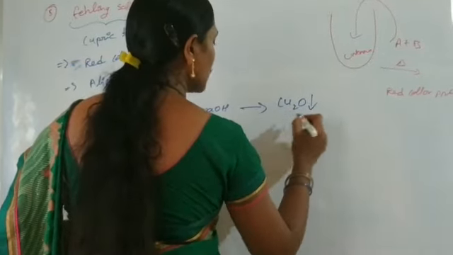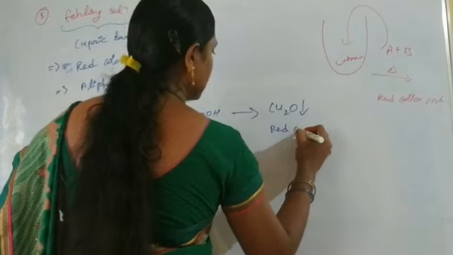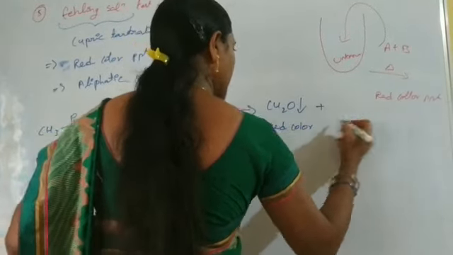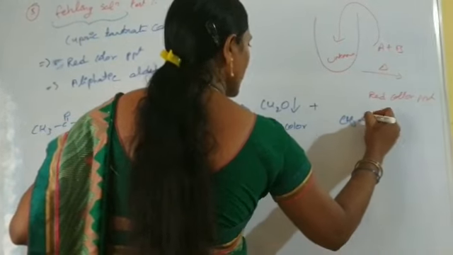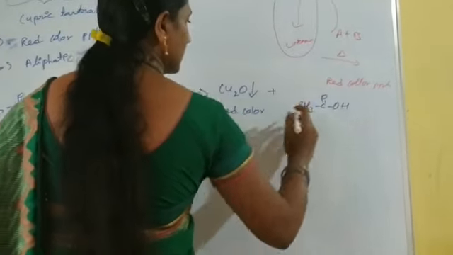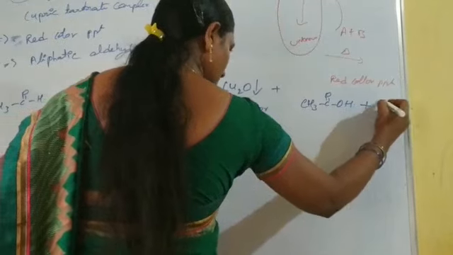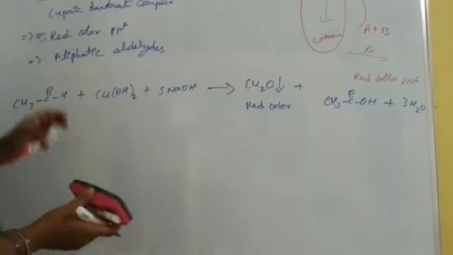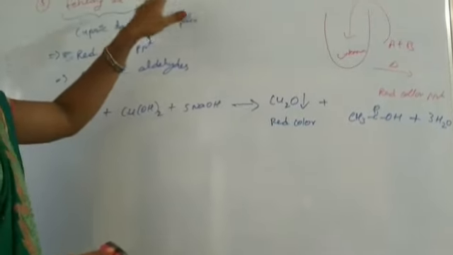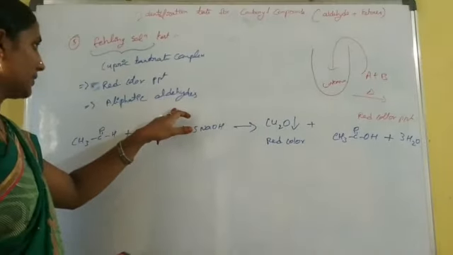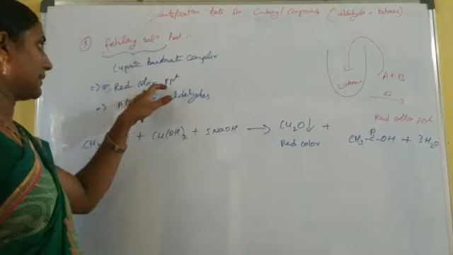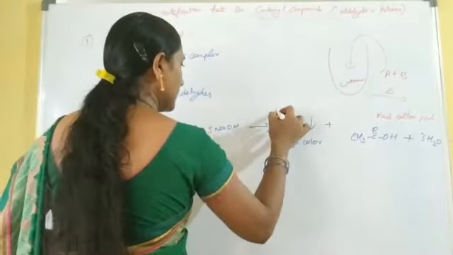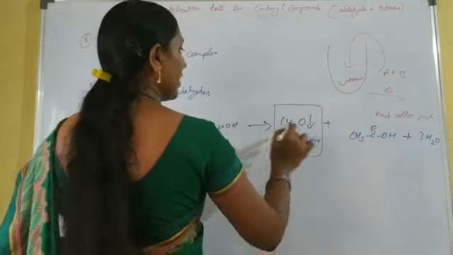The color of cupric oxide is red, so a red precipitate is observed. The byproduct is the sodium salt of acetic acid and also 3 moles of water. The Fehling solution test is given only by aliphatic aldehydes, and the red precipitate indicates cupric oxide.